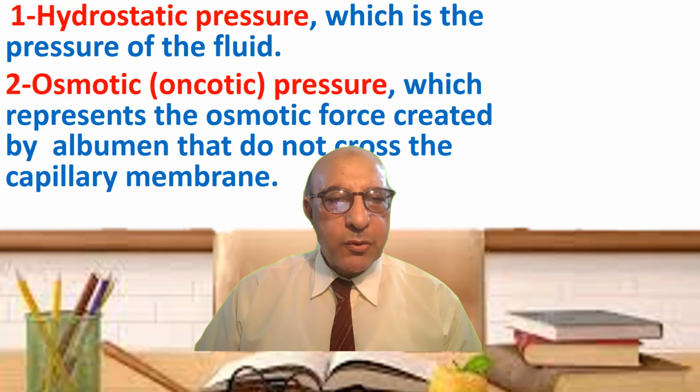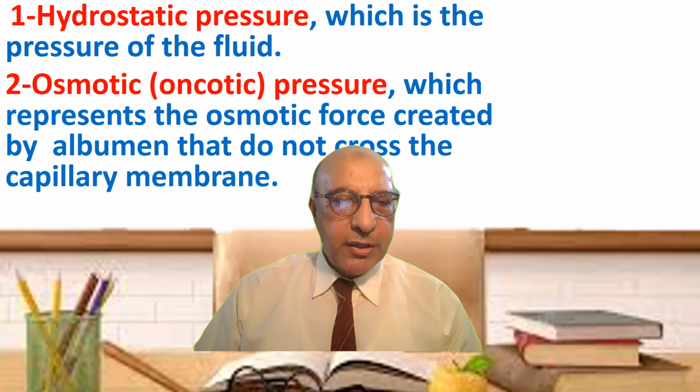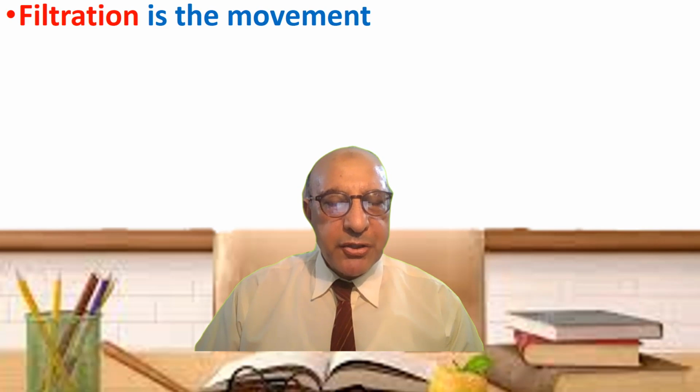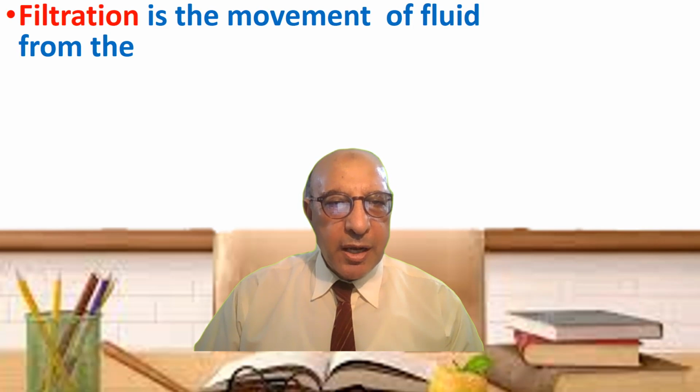So the forces controlling the fluid passage from the capillary to the interstitial space are simply hydrostatic pressure from the capillary lumen, opposed by the osmotic or oncotic pressure, which represents the osmotic force created by albumin.